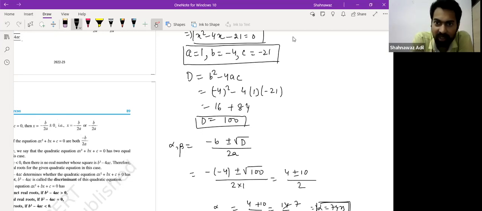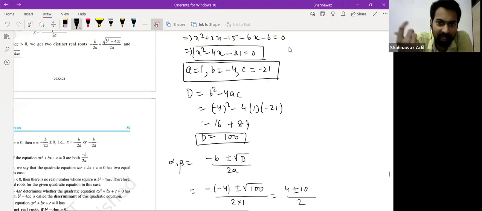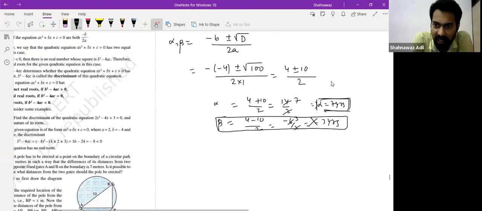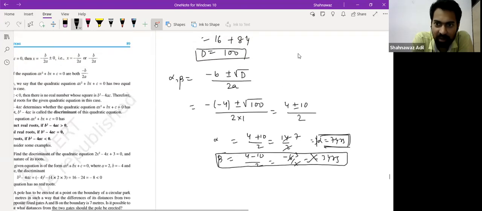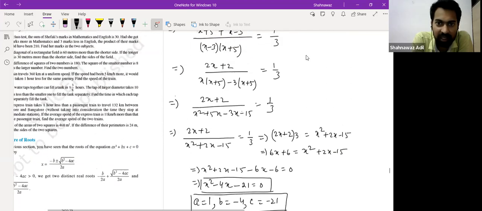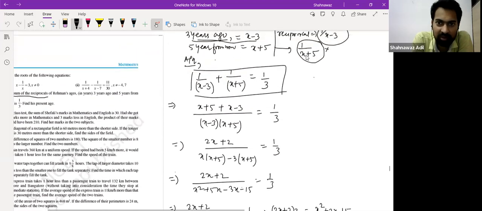If you are comfortable with middle term splitting, then you can always use that. It won't cut marks, because they only need the answer. Whatever method you use, if you get the answer, the end result is important.